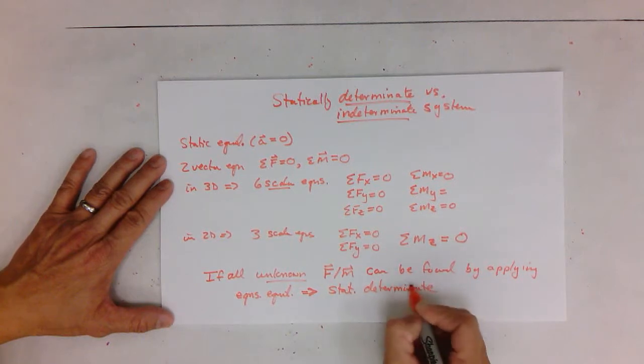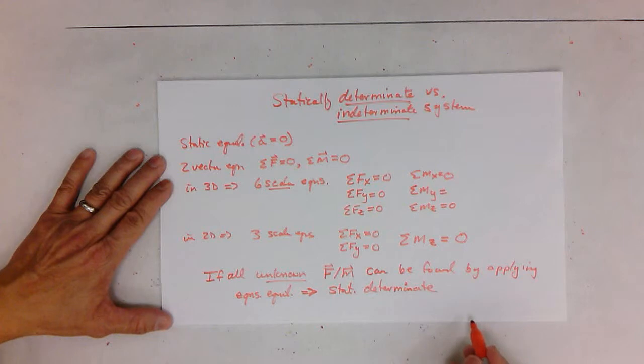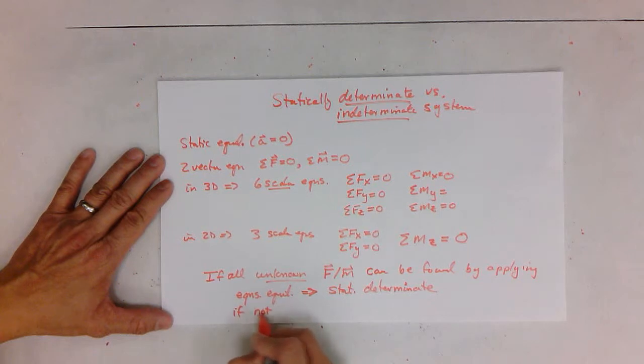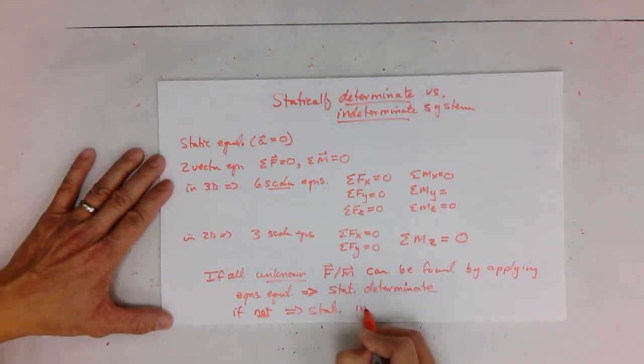So there will be no unknown interactions left on the body. If not, then the body or the system is statically indeterminate.